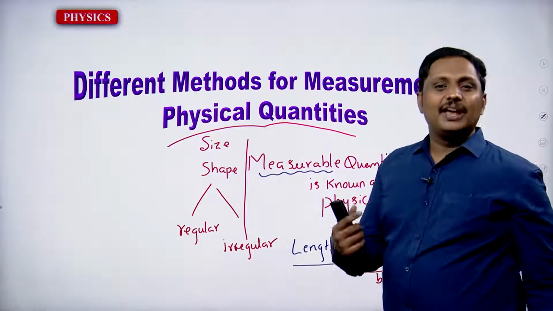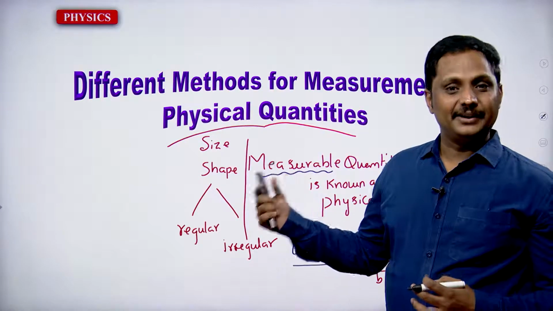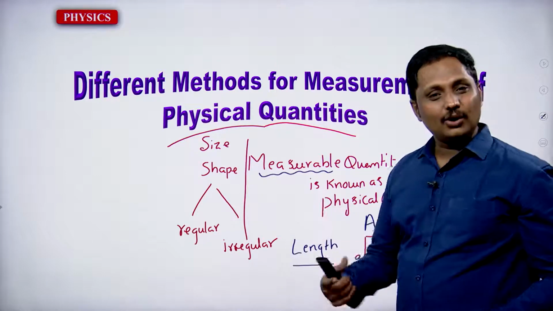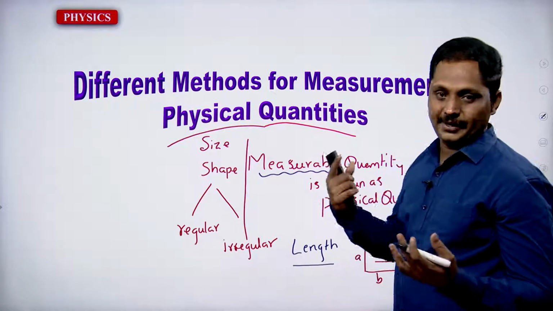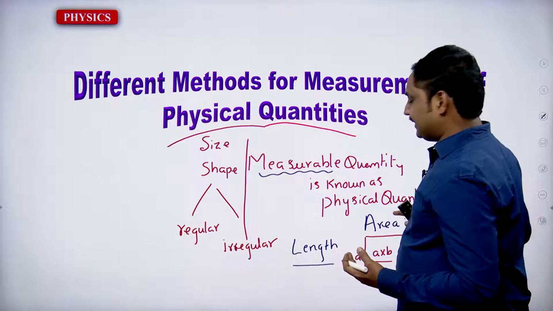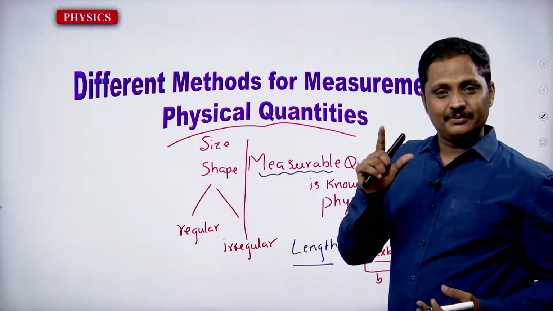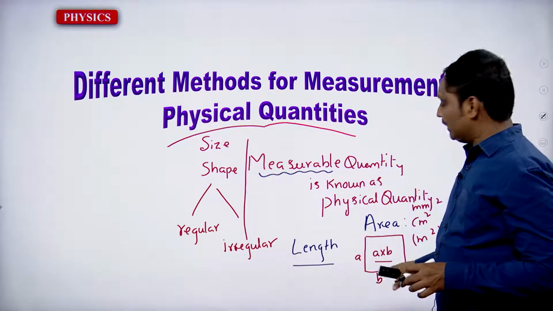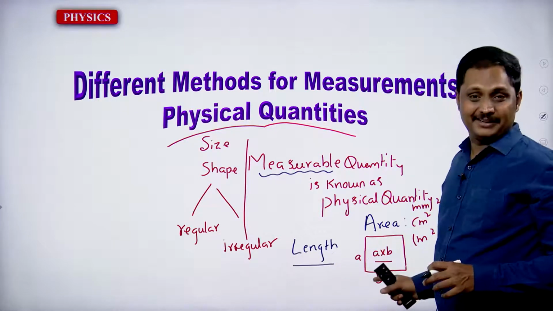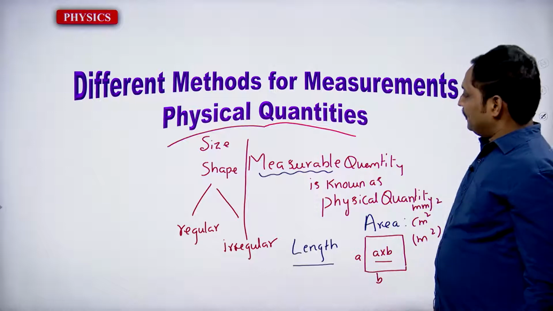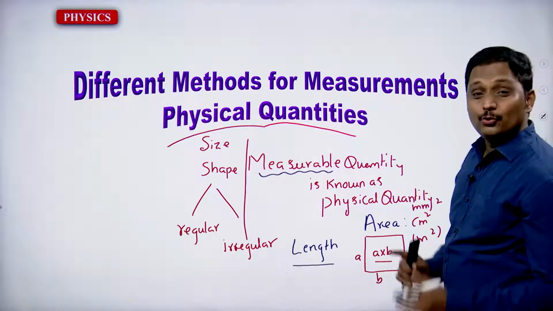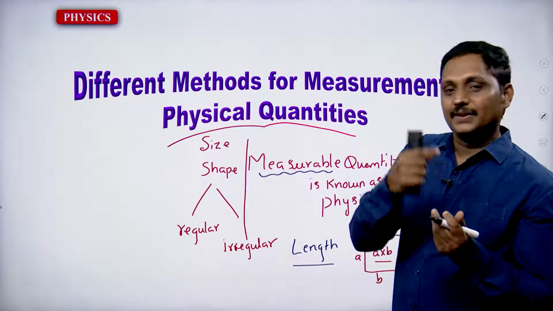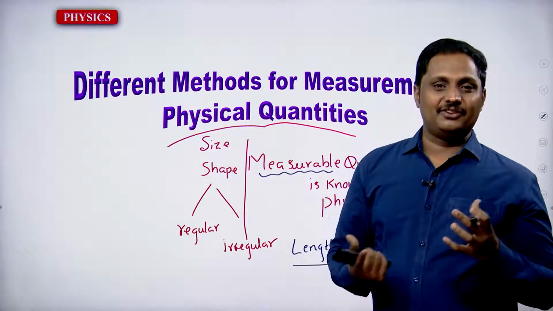So the measurement involves different steps. Step 1, find out whether it is regular or irregular. If it is regular, with the help of a measuring instrument you take the dimensions, that is length and breadth. Now if you take one cube, it is regular and symmetrical.